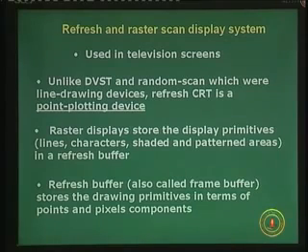In the case of the frame buffer, we essentially store the point coordinates and the pixel intensity values for each drawing primitive. A typical example, as you can see on the screen, is that the primitives are lines, characters, or shaded and patterned areas. So, this is essentially the difference between the DVST and random scan on one side and the refresh or raster scan on the other side.